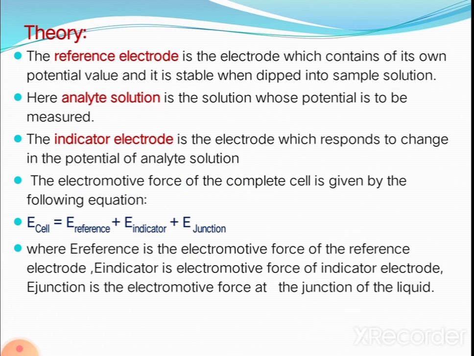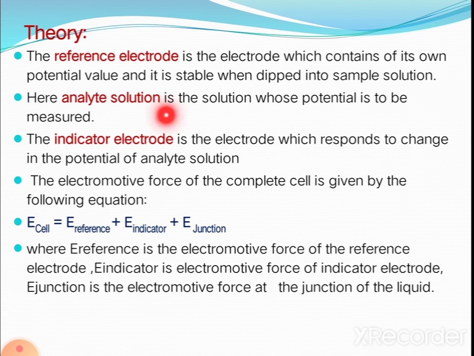Now let us begin the basic theory of this potentiometric method. It follows like this. The reference electrode, like the calomel electrode, has a potential value that remains constant, and it is dipped in the sample solution.